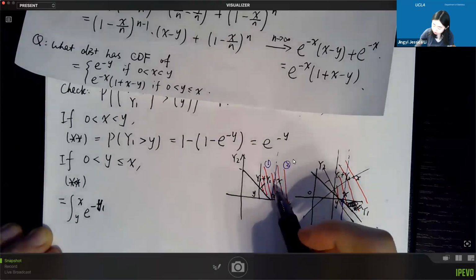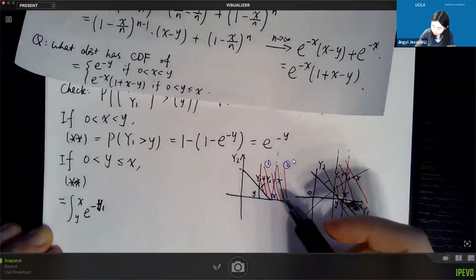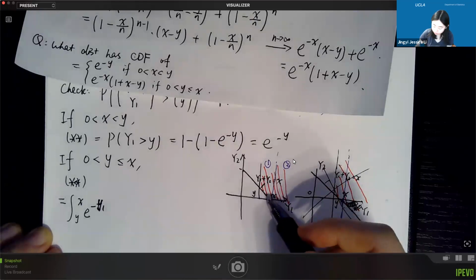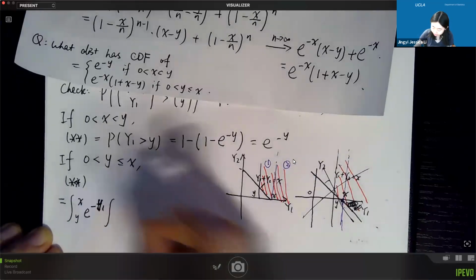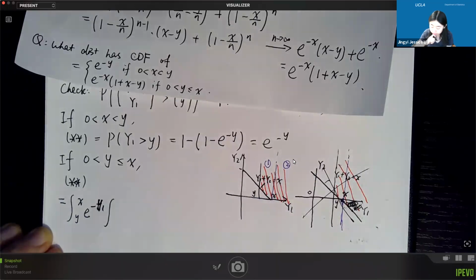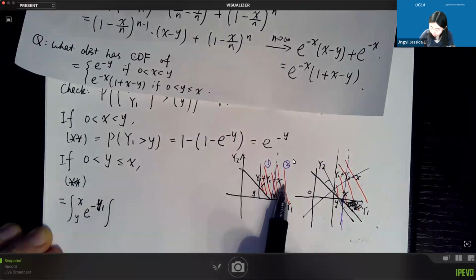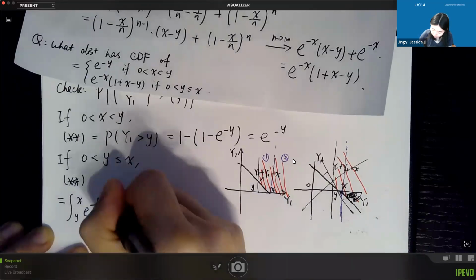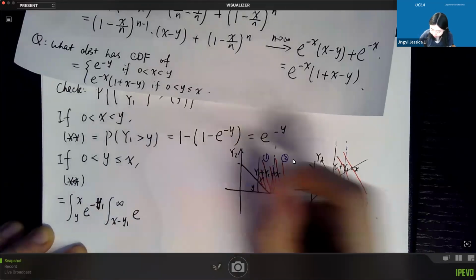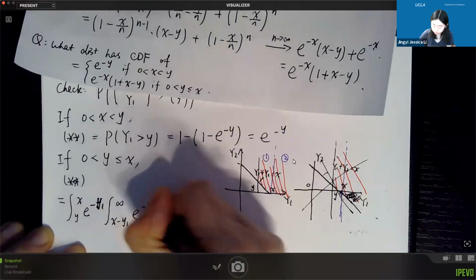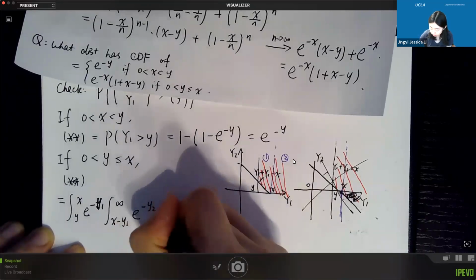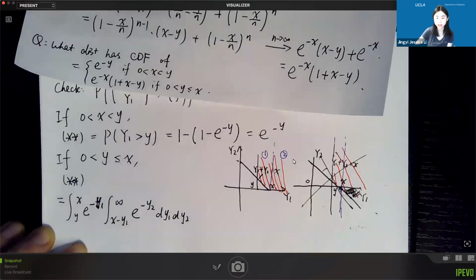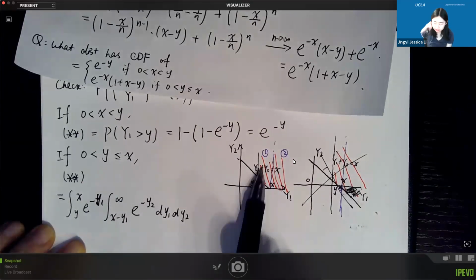And for y2, it goes from this diagonal line to positive infinity. The diagonal line is y1 plus y2 equals x. So it's basically x minus y1 to infinity, and its density is exponential negative y2. So I have dy1, dy2. That's the integration over this area.